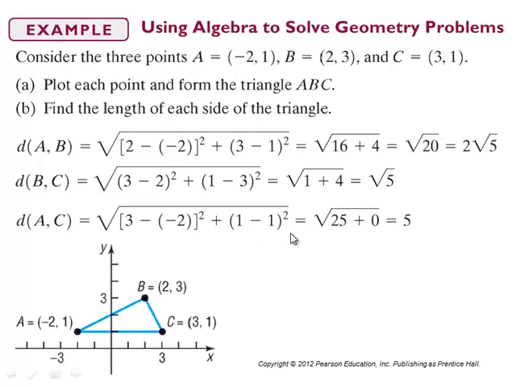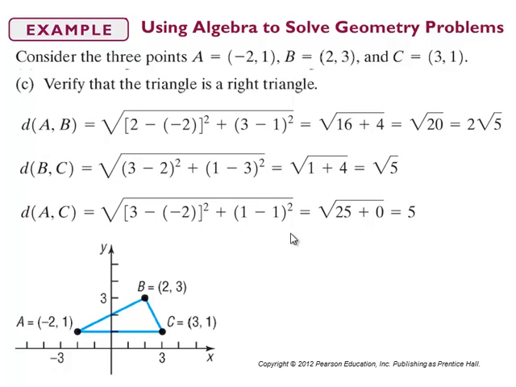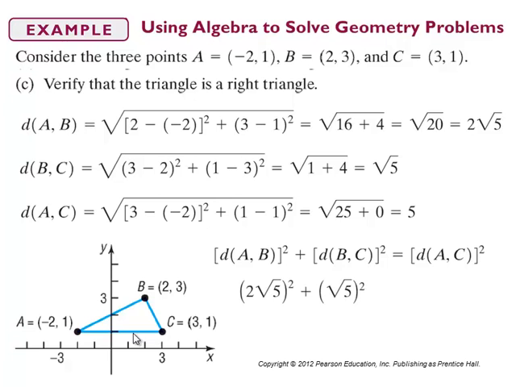Then the question is, is this a right triangle? In order for it to be a right triangle, the Pythagorean theorem has to hold. That basically says that this leg length squared plus this leg length squared must be equal to the hypotenuse squared. So we can go ahead and try that out. This length between A and B was 2 root 5.